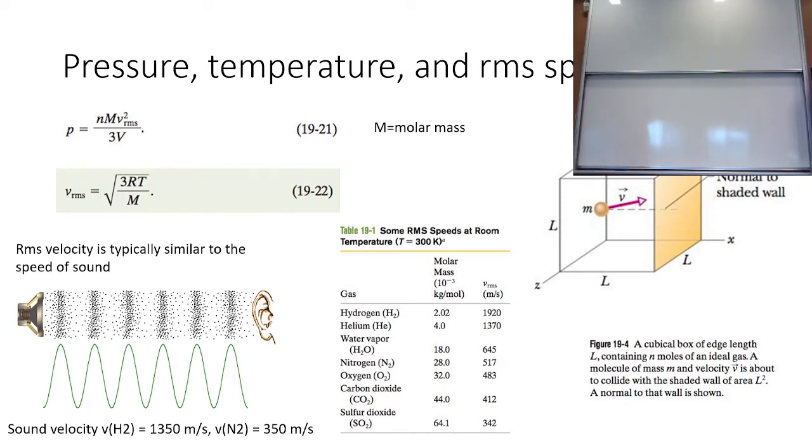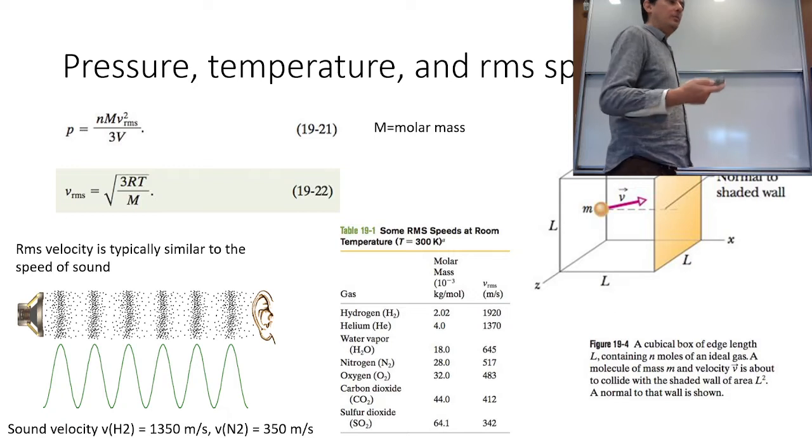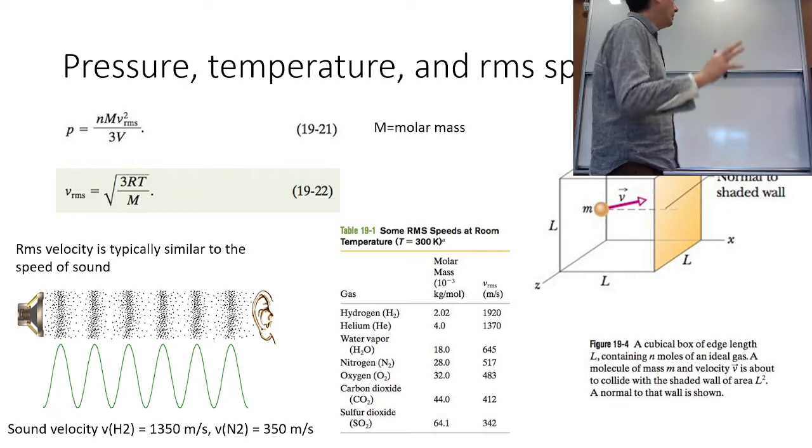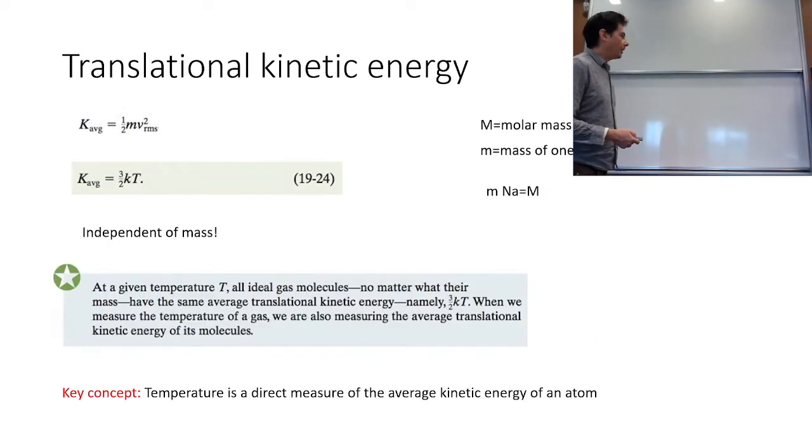What's interesting about this relation is that it's only dependent on the temperature in terms of our state variables. There's no pressure, there's no volume, nothing like that. It's only dependent on temperature.